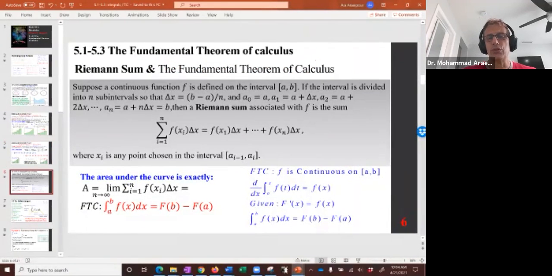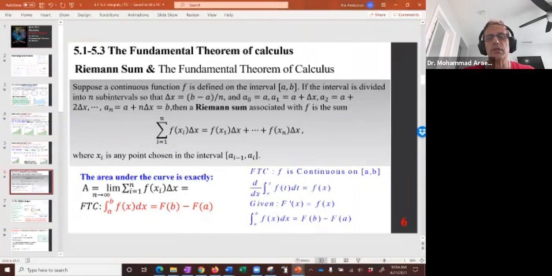So that was using the Riemann sum, and the Riemann sum is an approximation of the area under the curve of a function f of x between the interval of a to b, as long as the function is a continuous function and a positive function. When we take the limit and we let n go to infinity, it becomes the actual area under the curve.